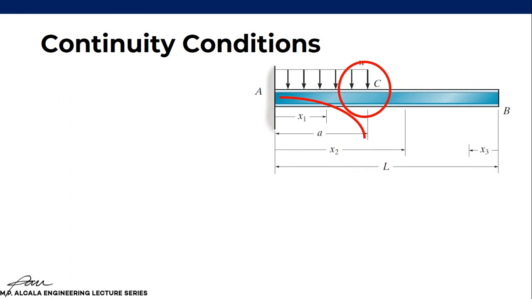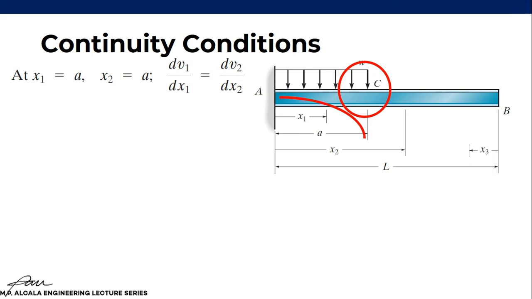So the slope function at point C, actually at length A, class, this is critical. X1 and X2 is the same. When I assume at X1 and at X2, the slope function will be the same.